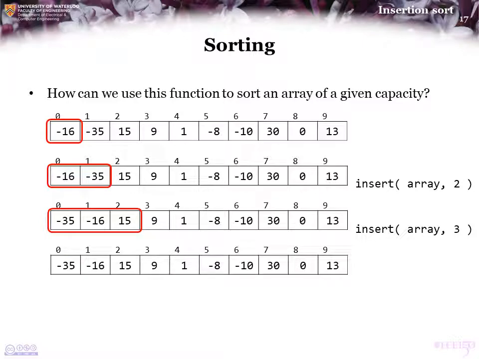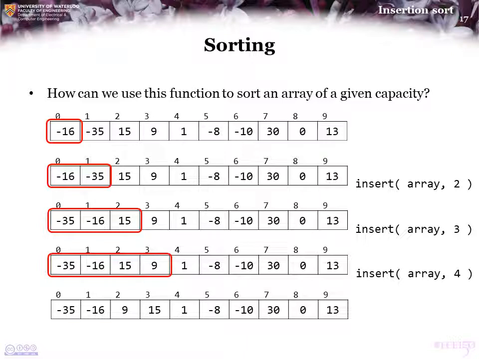So now the first 3 entries are sorted, and now the first 4 entries form an array of capacity 4 where the first 3 entries are sorted and the last entry is out of place. So we'd like to insert 9 into the correct location, and we do so by calling insert on that array with a second argument of 4. That will put 9 in its correct location.